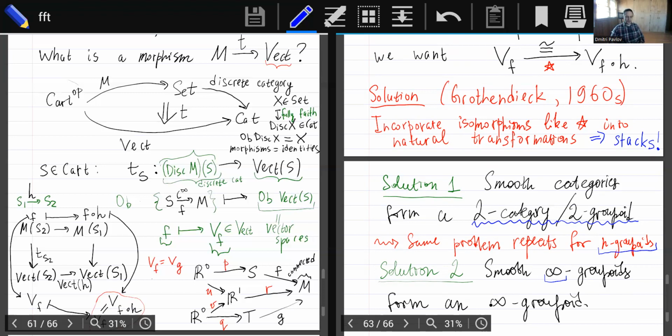So the theory can handle itself. Previously it seemed that in order to study sheaves valued in categories, you inevitably need sheaves valued in two-categories or two-groupoids, then inevitably n-groupoids. But here the process stops. Sheaves of infinity groupoids themselves form an infinity groupoid or infinity category.